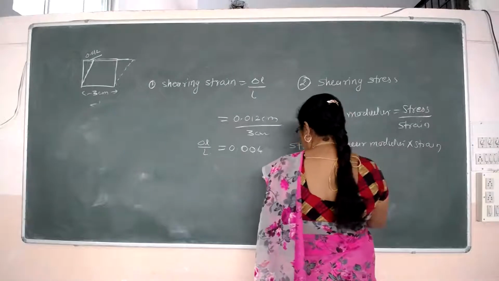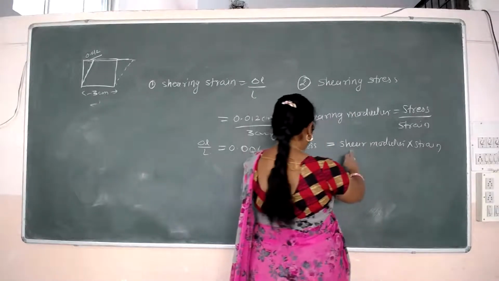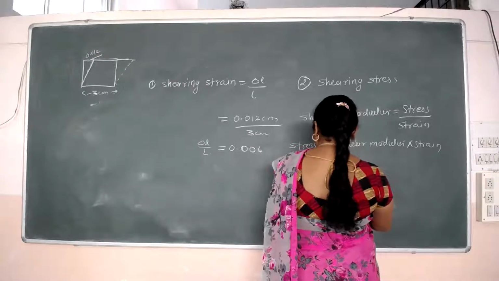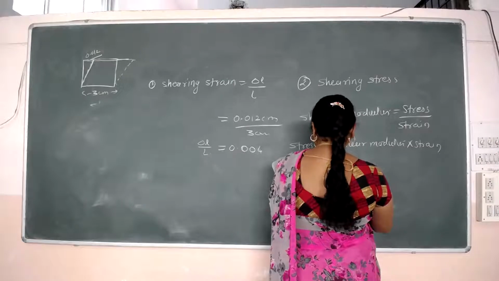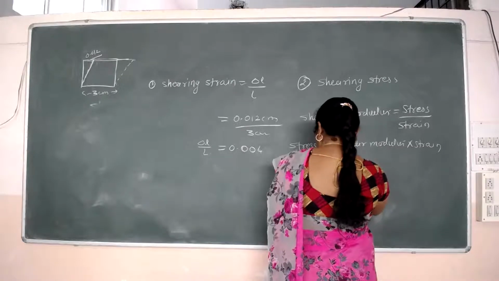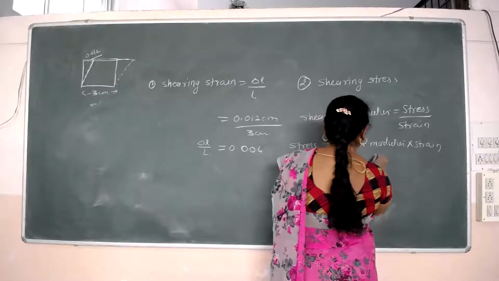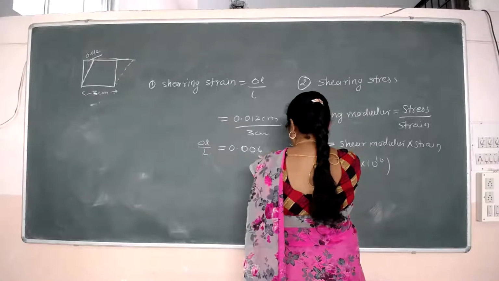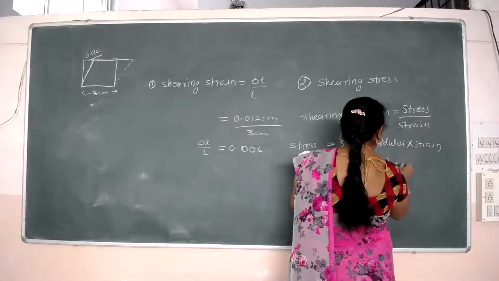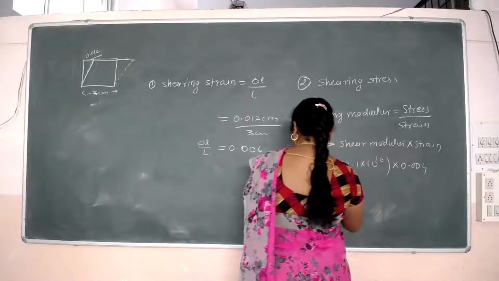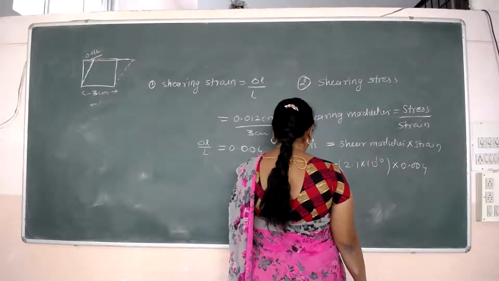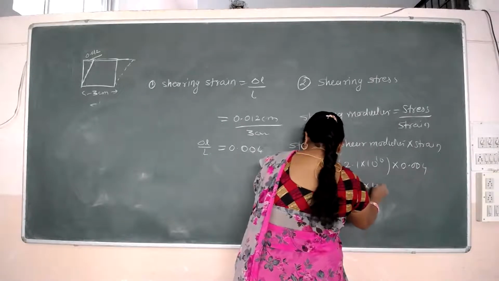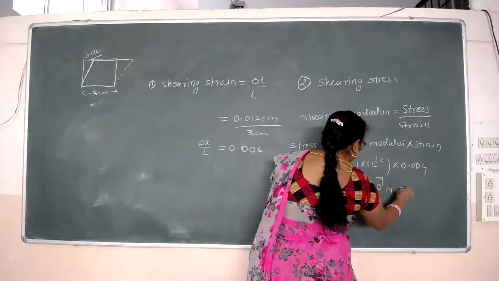The given shear modulus is 2.1 into 10 to the power of 8, into the strain 0.04. Multiply this value using the calculator, and we got the answer 8.4 into 10 to the power of 7 Newton per meter square.